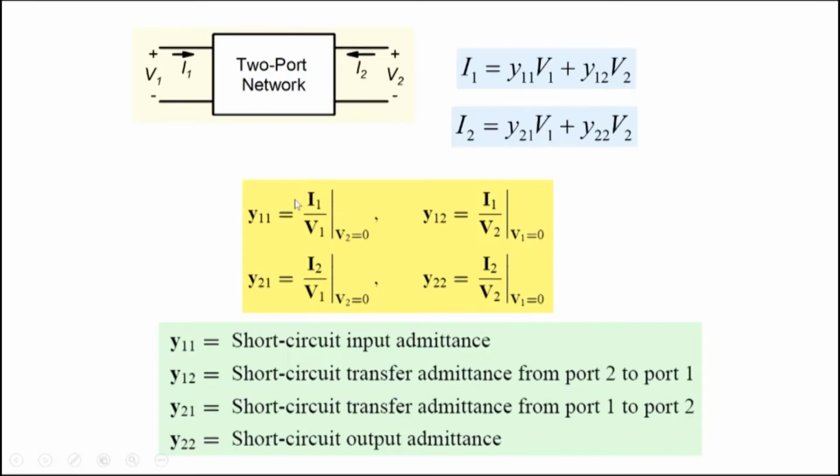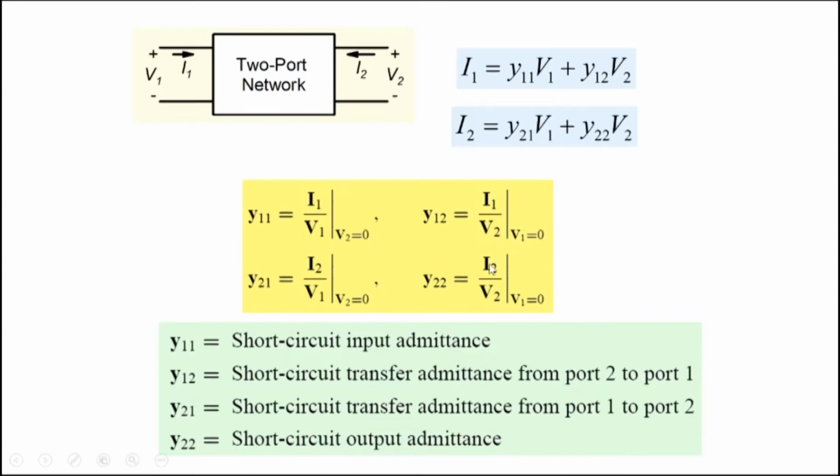Y11 we'll call it, because it's the ratio of current and voltage, we call it admittance. Because we are seeing it on the input side, we call it input admittance here. And because it's being determined with output short circuited, V2 is 0, that's why we call it short circuit input admittance here. Similarly, Y22 we call it short circuit output admittance here.